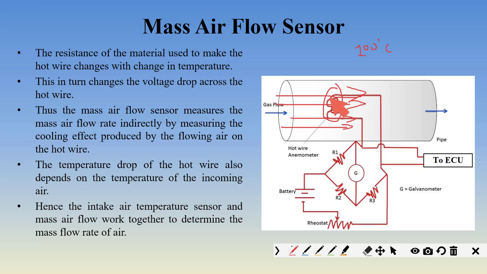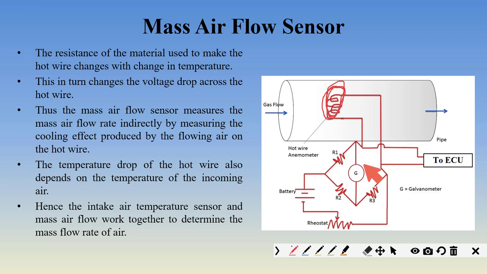Because of convection, this wire will lose heat and cool down. As the temperature changes, there is a change in resistance of this wire. We can calculate the change in resistance by measuring the change in voltage.